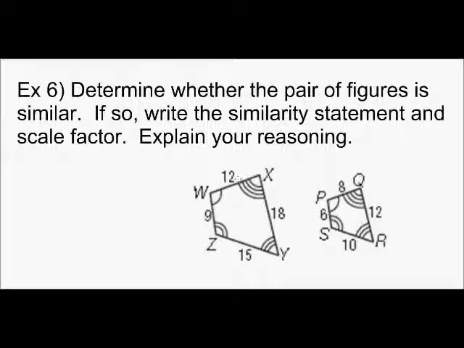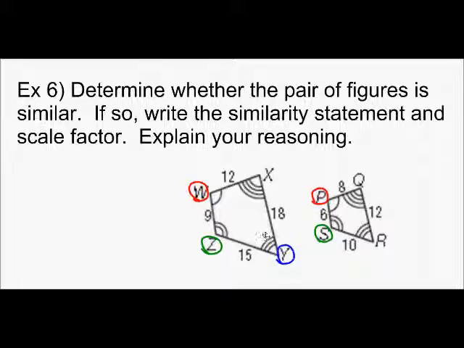So I see W has 1 arc. So over here, P has 1 arc. Next, Z has 2 arcs. S has 2 arcs. So the arcs, remember, mean that those angles are congruent. And the ones with the same number of arcs are the ones that are congruent.